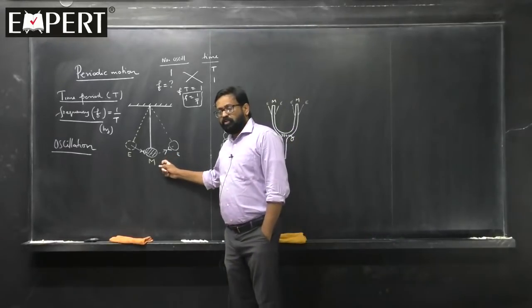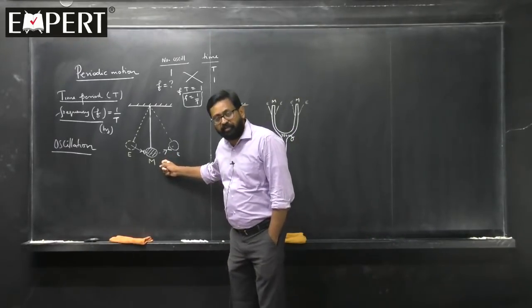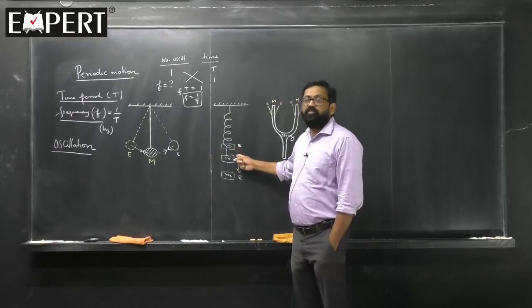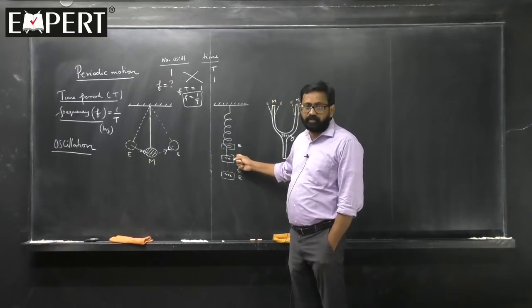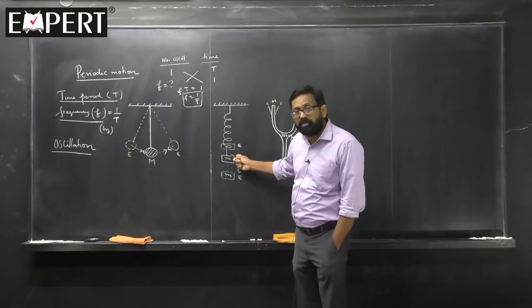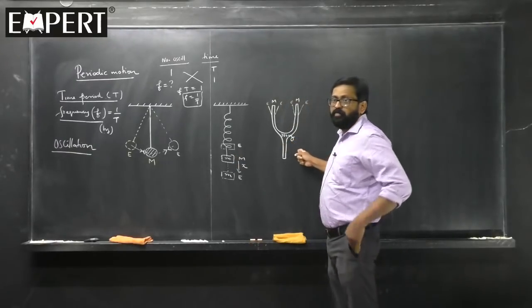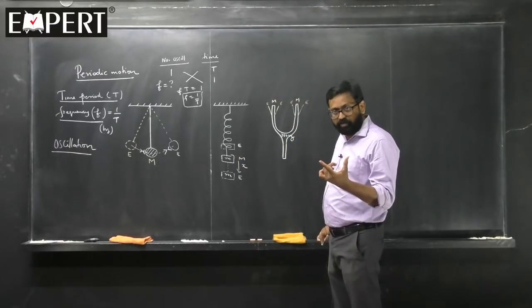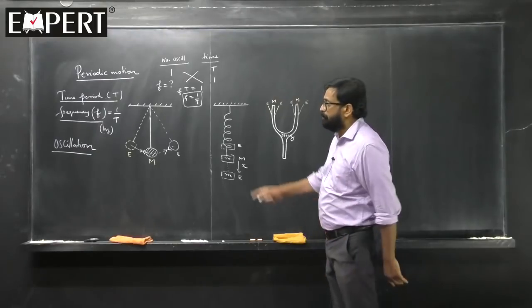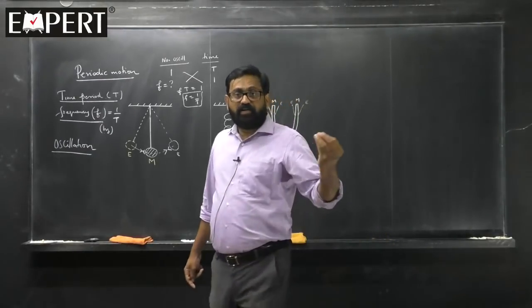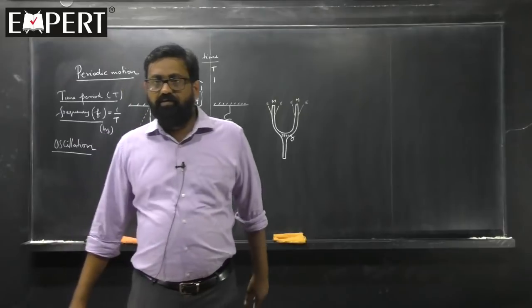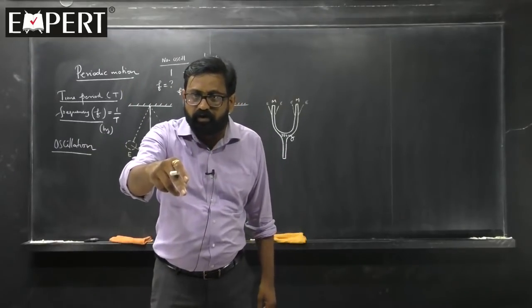We know the oscillation of a pendulum is a periodic motion, and it is oscillatory motion also. Oscillation or vibration of a loaded spring is oscillatory motion and also periodic. Vibration of an excited tuning fork is obviously oscillatory as well as periodic. But uniform circular motion of a particle is not oscillatory motion, but it is a periodic motion.